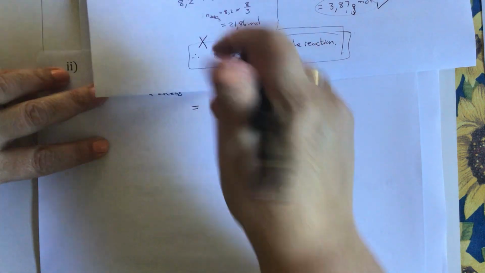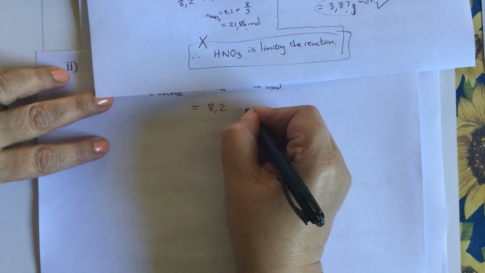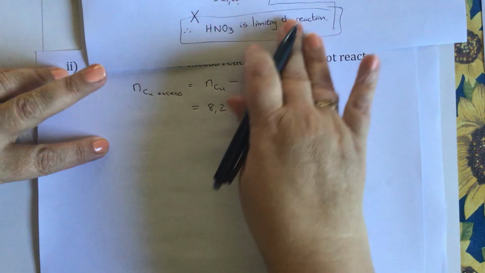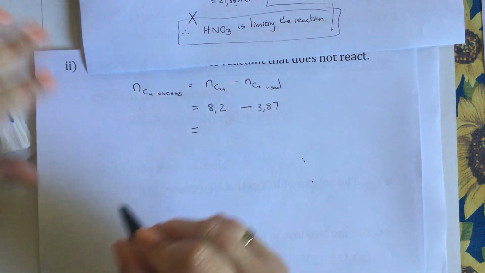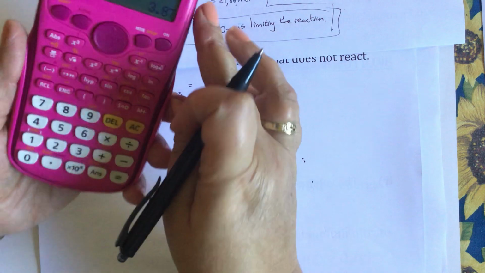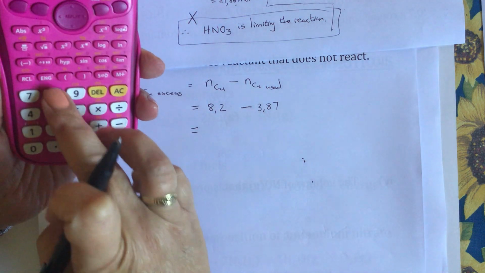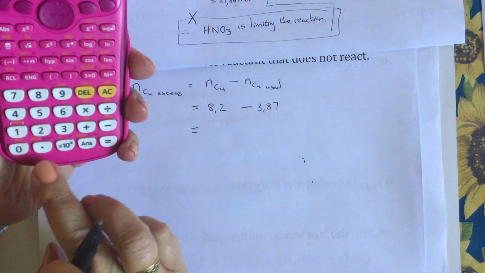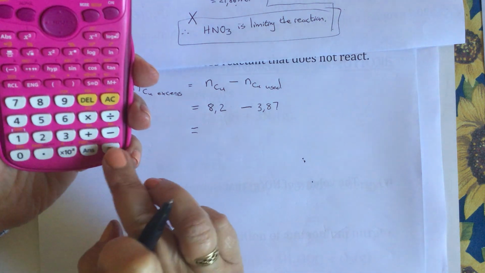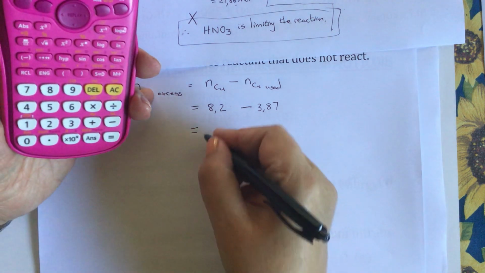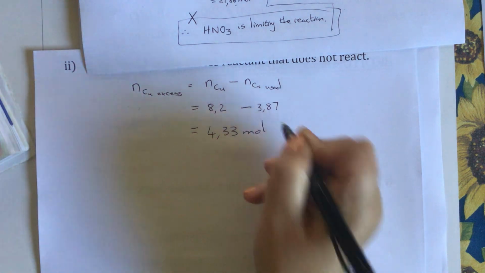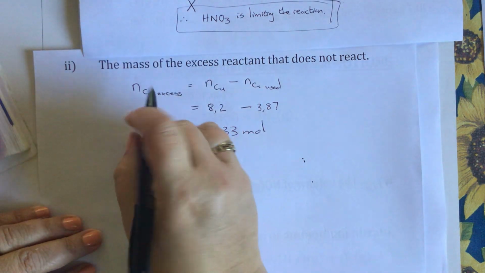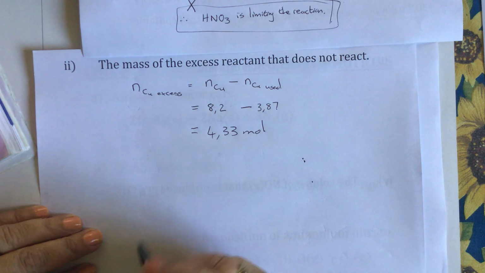We've calculated it as 8,2 minus how much was used? 3,87. 8.2 minus 3.87 gives me 4,33 mole in excess. But it was not mole that was asked, it was mass that was asked.